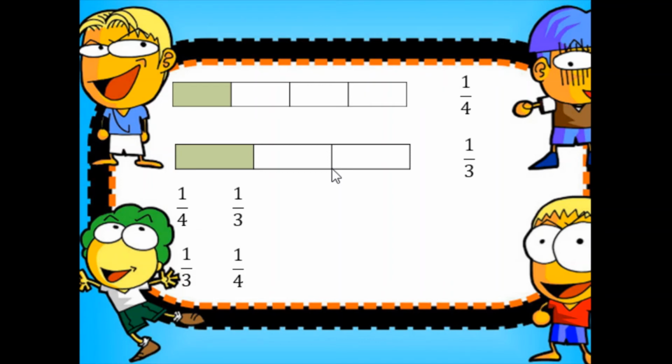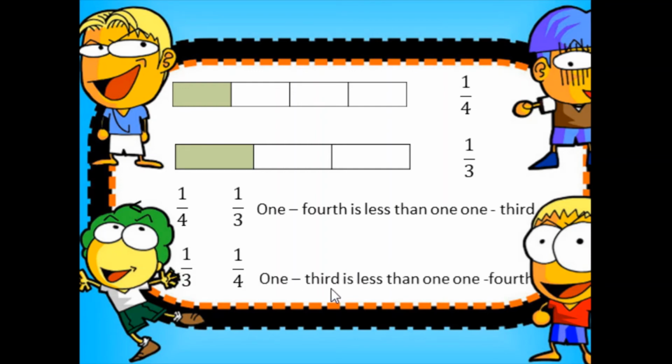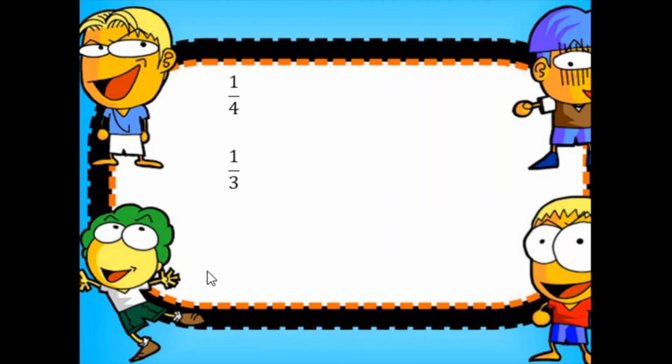It's not easy to compare which one is bigger or which one is smaller. So looking at the picture, we can say that 1/4 is less than 1/3. Or 1/3 is less than 1/4. Less than, greater than. Okay.